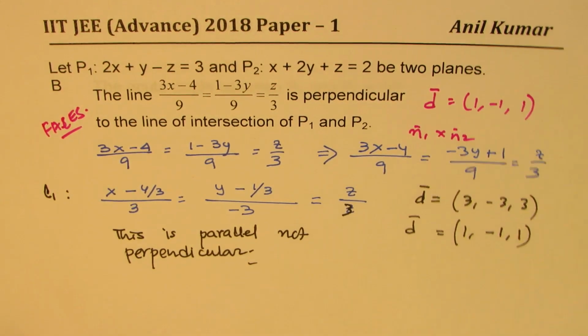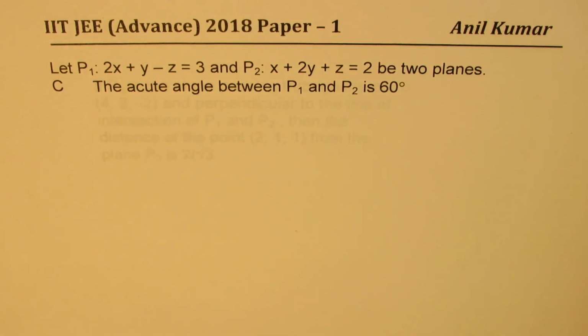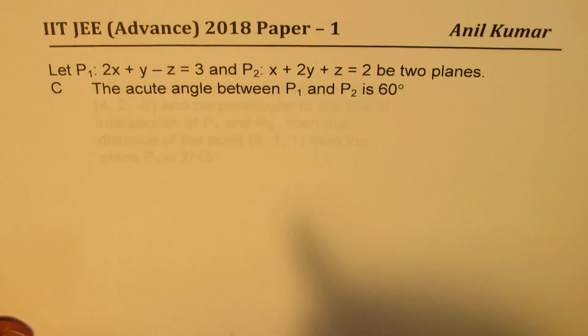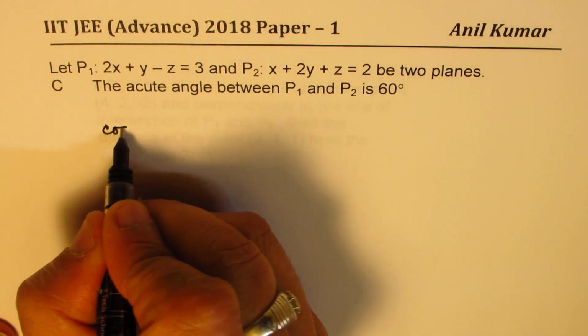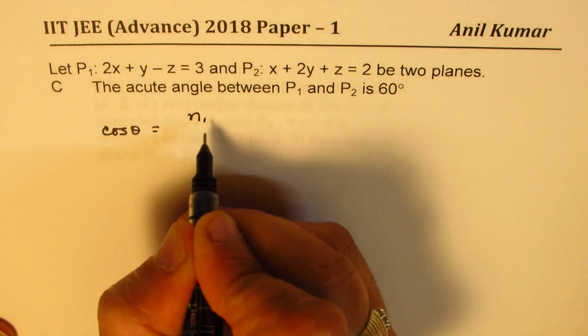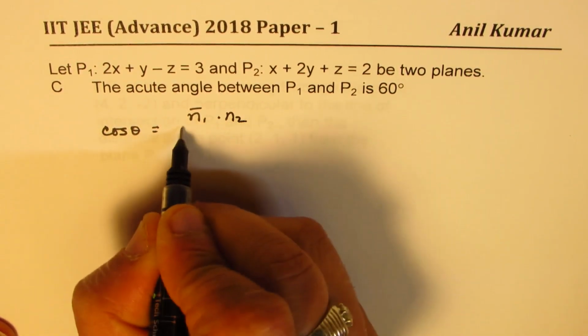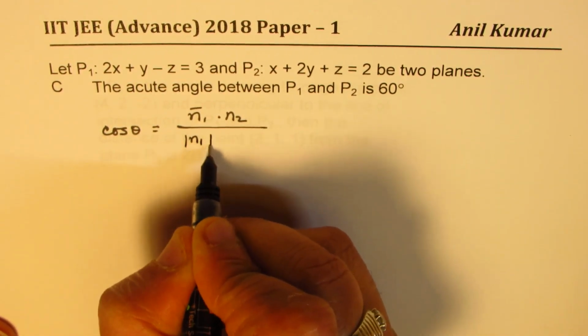Now let's look into part C. So here the angle cos theta will be equal to the dot product of n1 and n2 divided by their magnitudes.